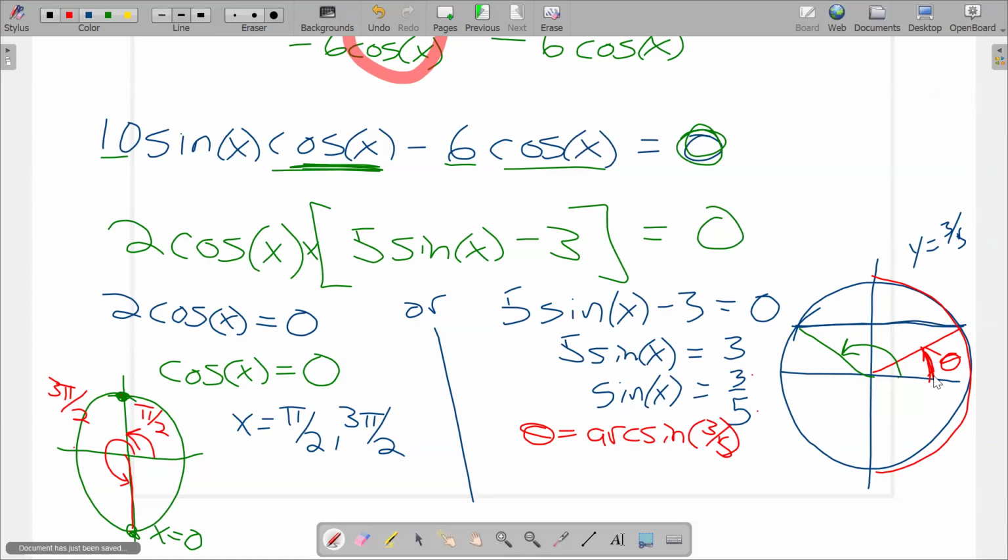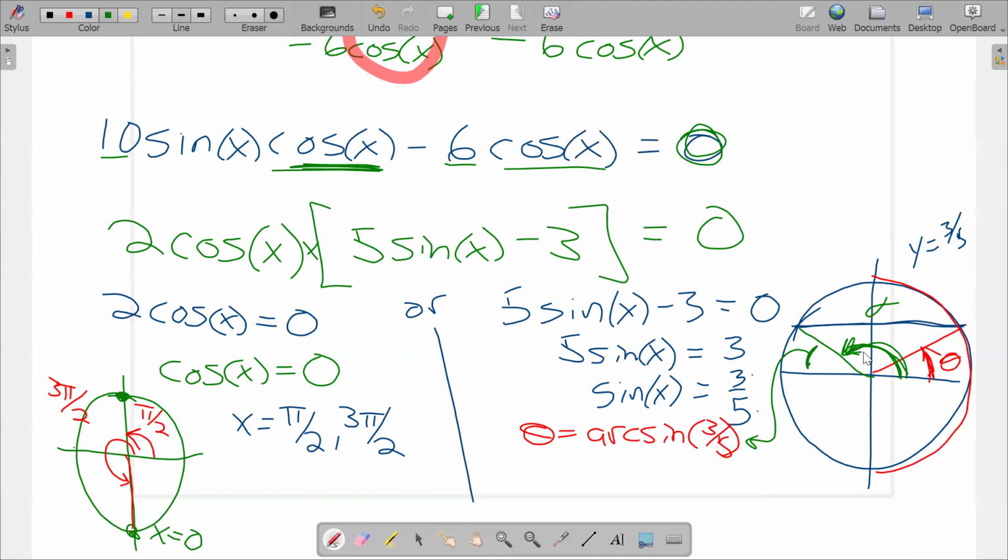How about the green angle? Call that one alpha. Well, it's got the same reference angle. So this angle right there is the arc sine of 3/5. I want that angle right there. It's related to pi. So what am I going to do with pi and what I have to get the green angle? You add pi.